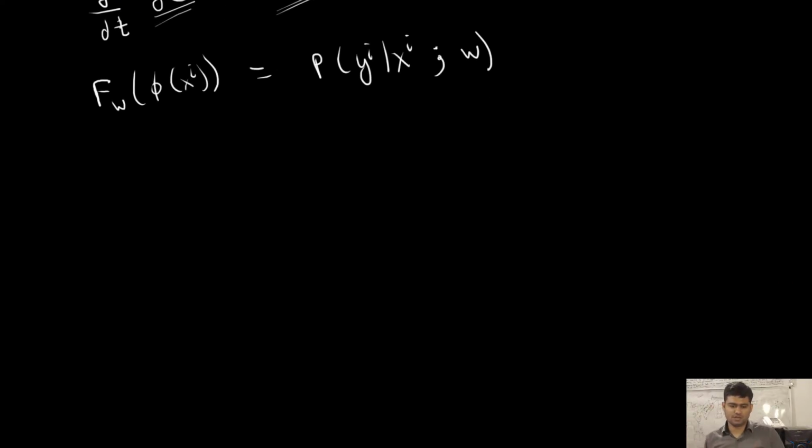So let's assume that the function f represents the probability of yi being 1.